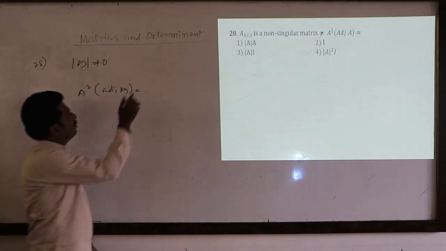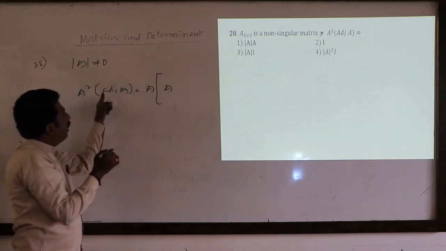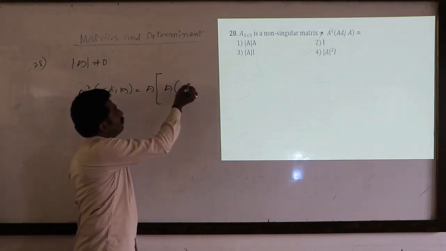A square means I am writing A into A, into adjoint of A.